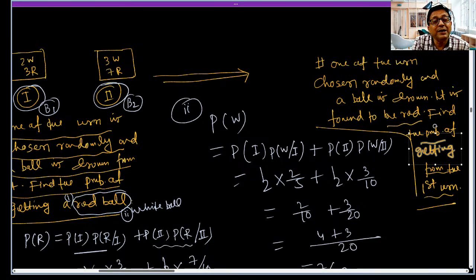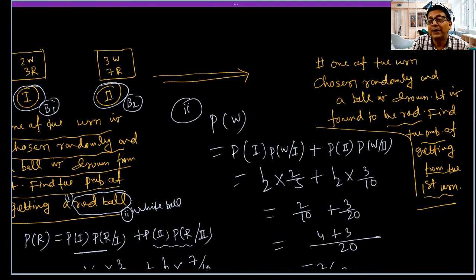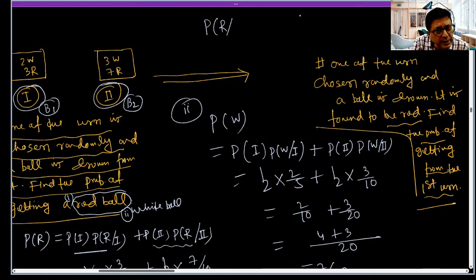So, you are going to find the probability of red from the first urn. How will I write this? Red from the first urn. Because it depends on whether you have chosen 1 and 2 also.